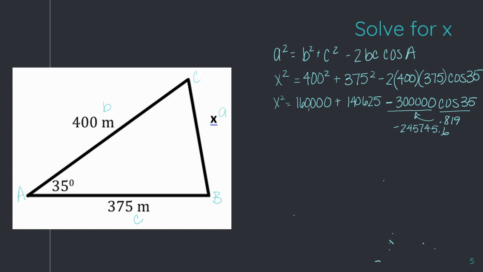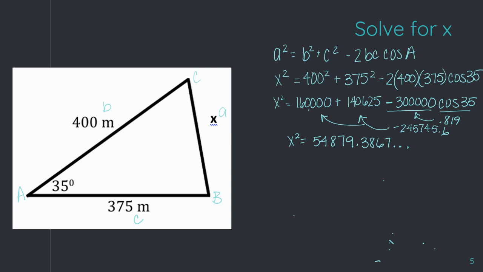Now I'm going to add 140,625 plus 160,000, which gives me a grand total of 54879.3867, etc. Now, again, that's not my answer because that's what x squared is equal to.